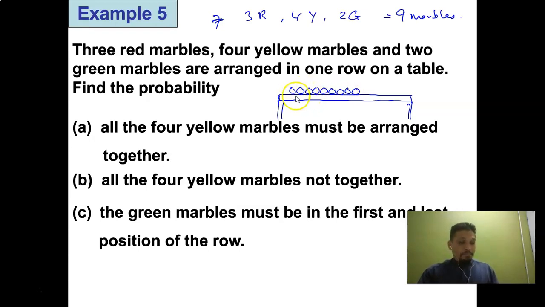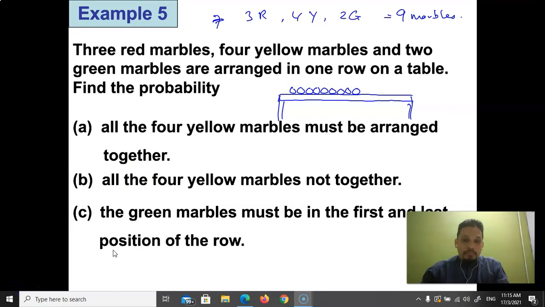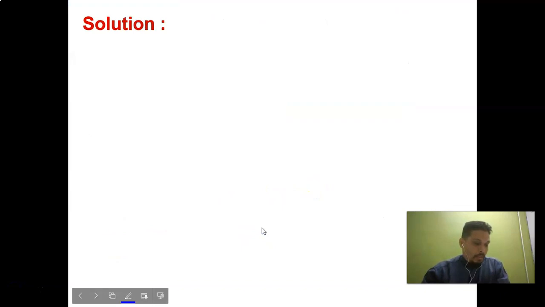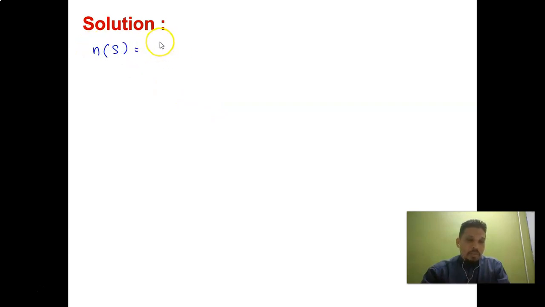Okay, now, the first one is the sample set here, which is the total of all the marbles, 9. Again, 3 red marbles plus 4 yellow marbles plus 2 green marbles.